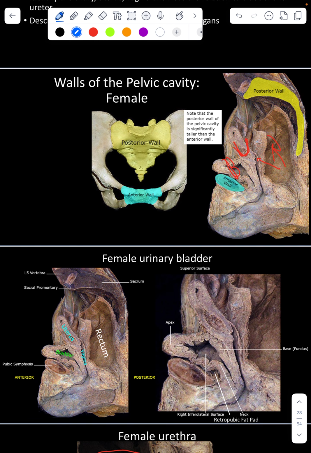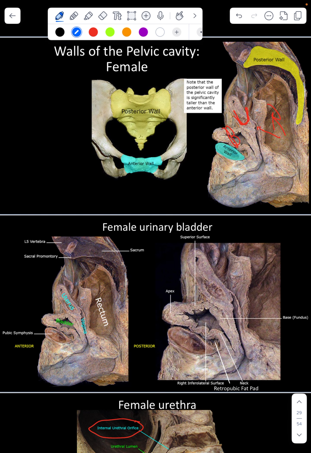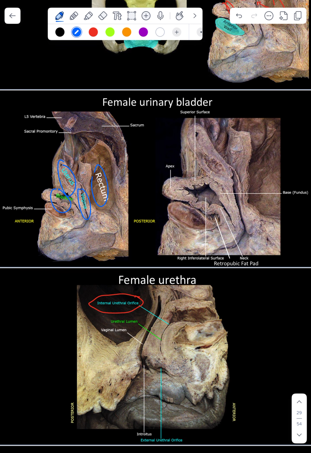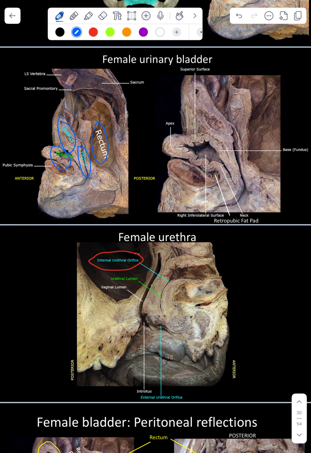Okay, posterior wall, anterior wall, whatever. So now we're talking about a female. So now instead of just bladder, rectum, there's no prostate, because it's females, but there's uterus and vagina. So same thing. Also, they have an internal urethral orifice. You can tell here that the bladder is smaller compared to males.